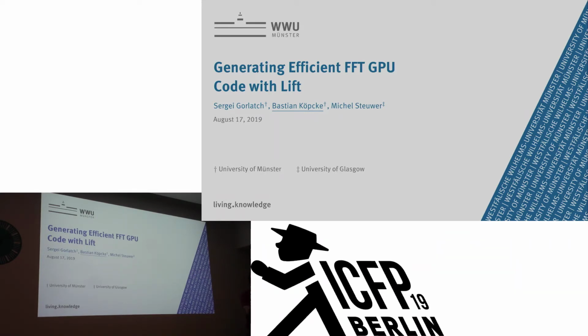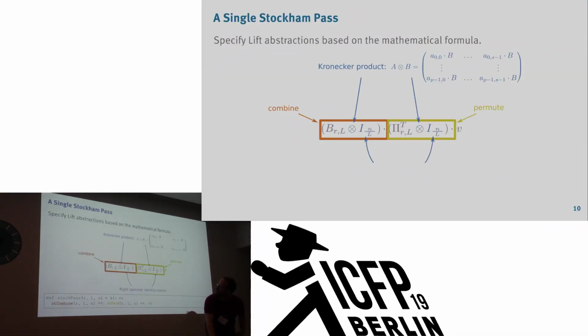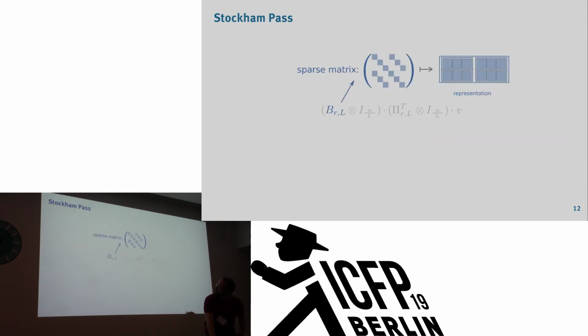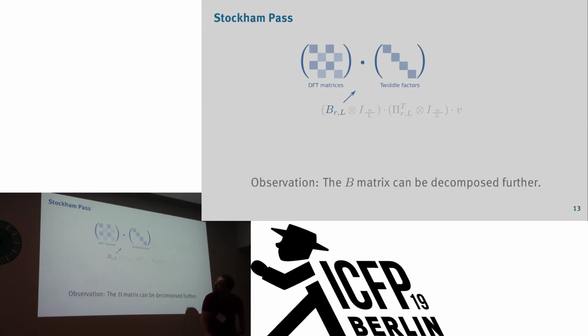So there are still some things that we couldn't express in Lisp yet. For example, these matrices consist of a lot of smaller DFT matrices, and these can be implemented very efficiently manually by exploiting memory structures and these kind of things.